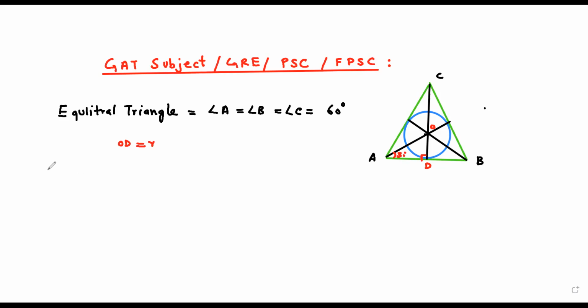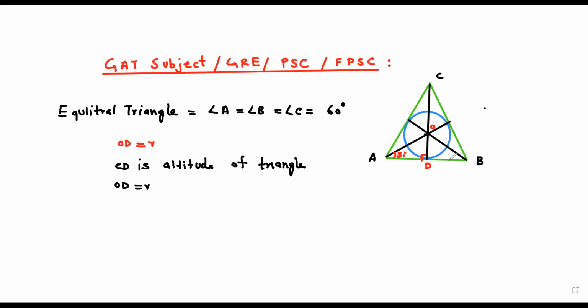Okay, students, first of all, OD is equal to r, and CD is the altitude of the triangle.